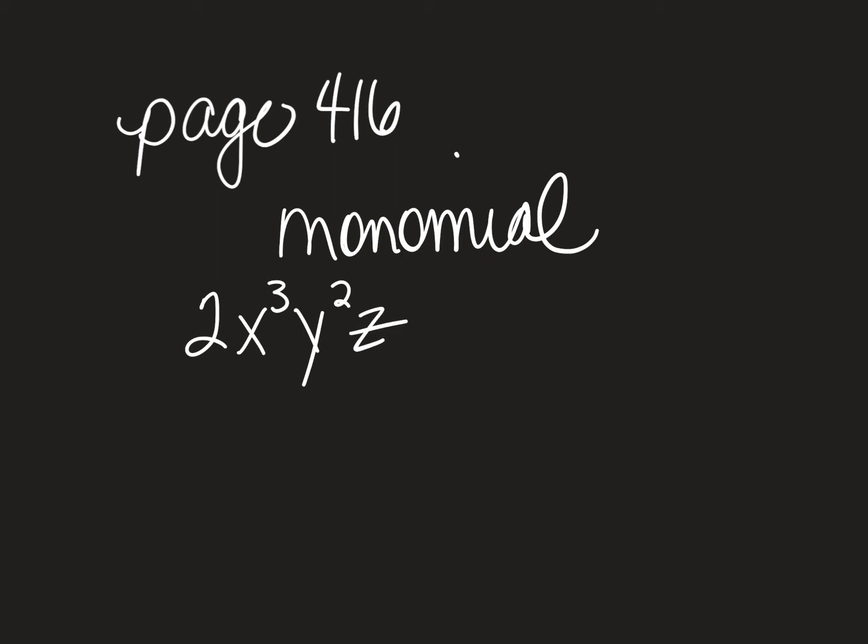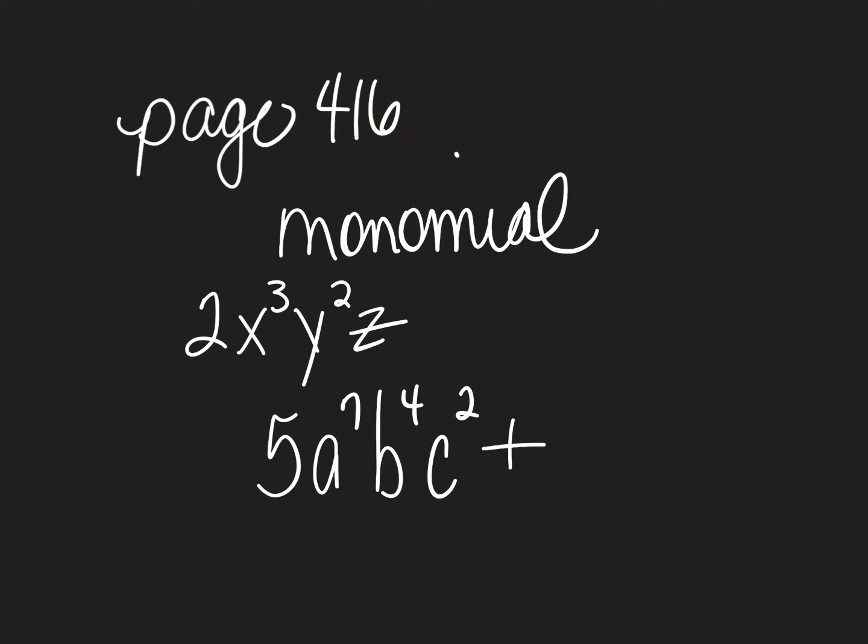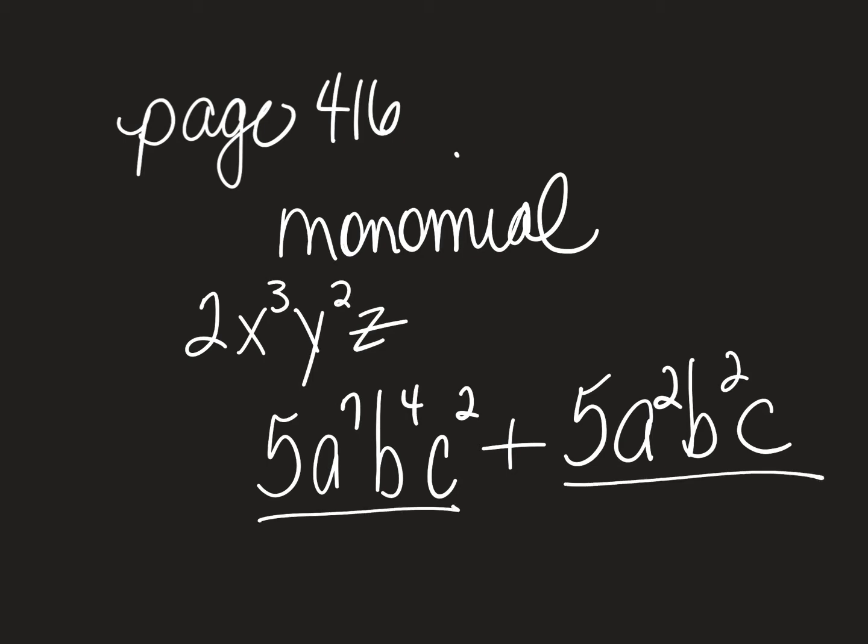So if you had 5a to the 7th, b to the 4th, c to the 2nd, plus 5a squared, b squared, c, that would be a binomial because it has two terms. This is one term and this is another term, okay? But we're dealing with monomials, which is one term.